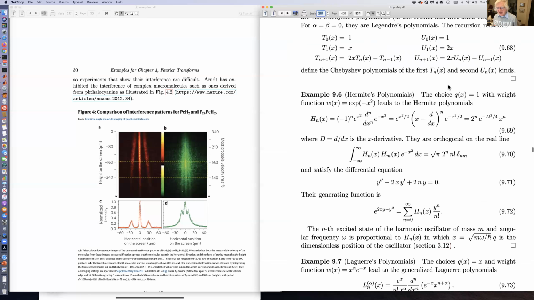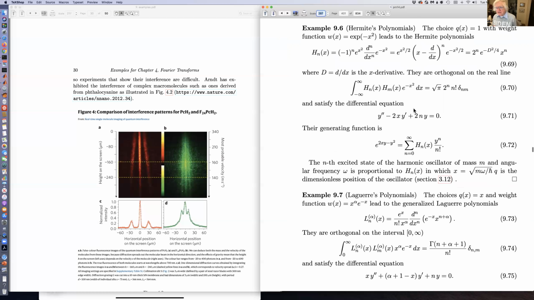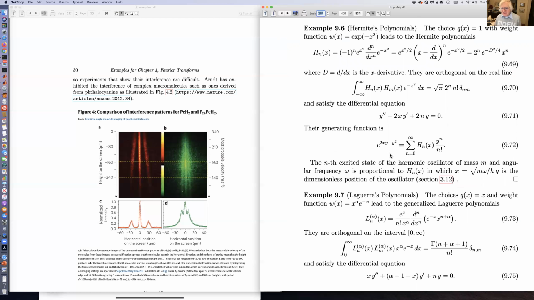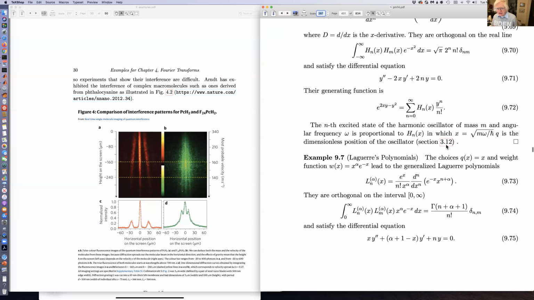Here in the Hermite case, your interval goes from minus infinity to plus infinity, and you've got W vanishing at the endpoints. Anyway, the generating function is quite different. And so these are the wave functions of the harmonic oscillator.